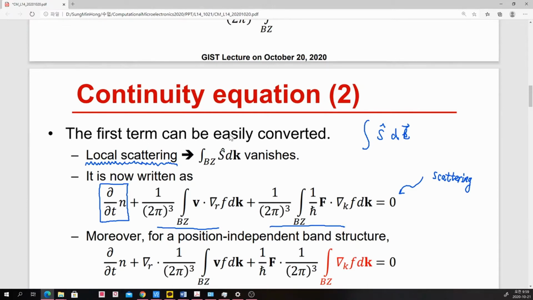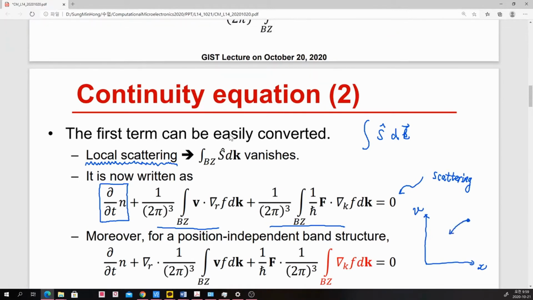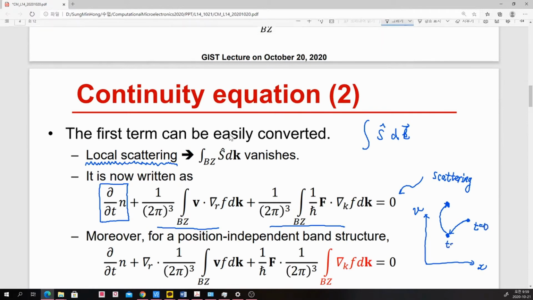So in phase space, the motion of our electrons just looks like this. Previously it was there, and after scattering events, it suddenly goes elsewhere. So this is time equal to 0, and this is 0.3 picosecond, and after another 0.3 picosecond a scattering event occurs, and it goes to here.